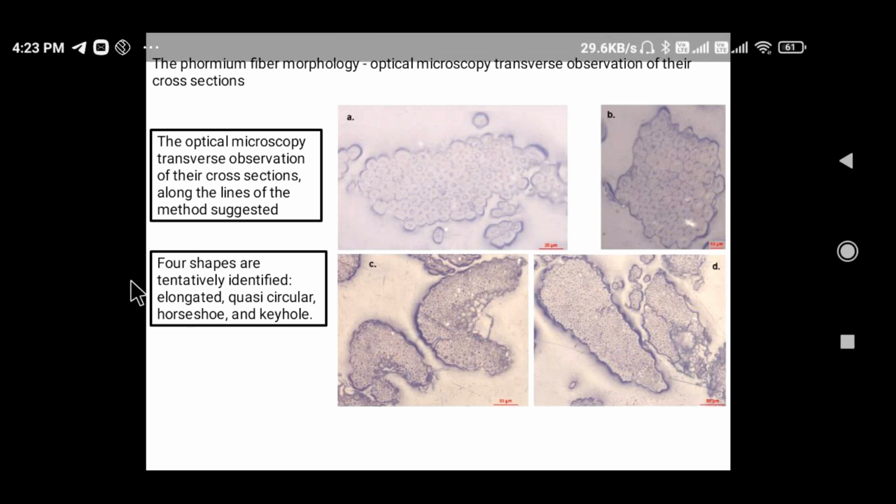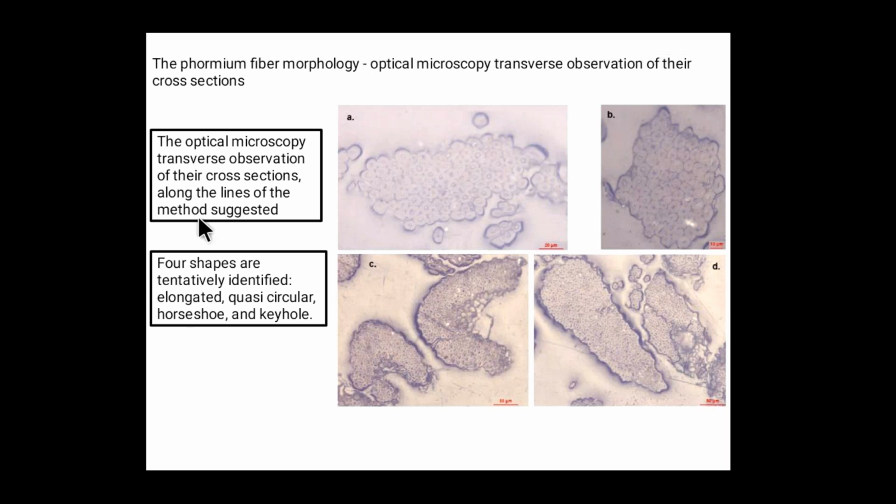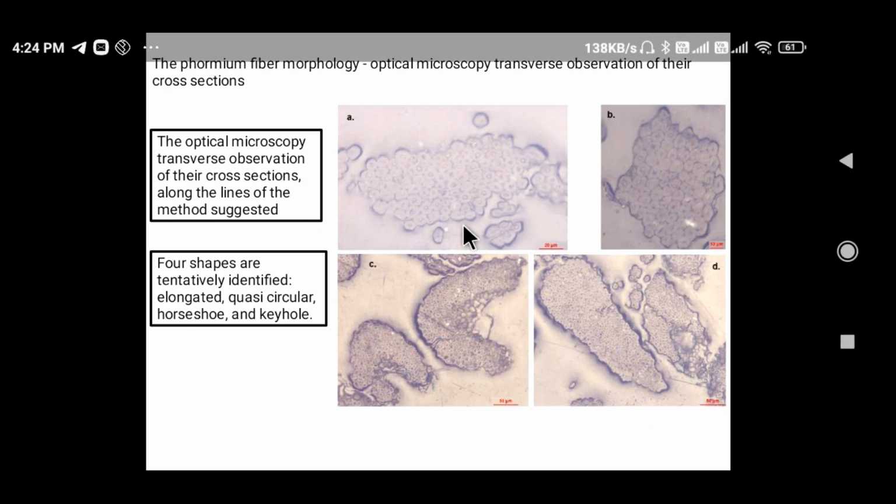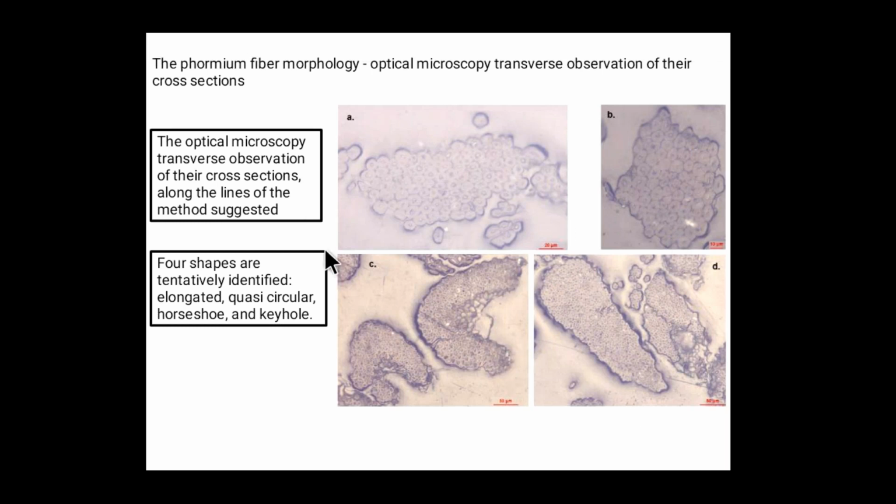The chromium fiber morphology is observed through the optical microscopy of the cross-sectional area along the line of the methods. These images suggest that the typical structure is a collection of polygon cells whose shape is not far removed from the quasi-hexagonal section characteristic of flax fibers.